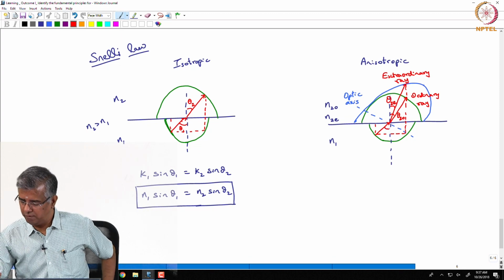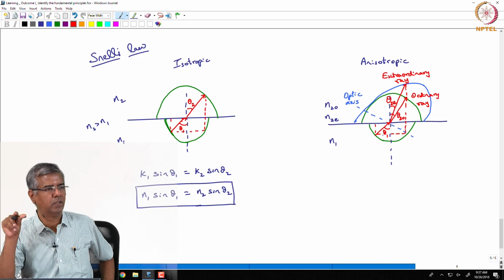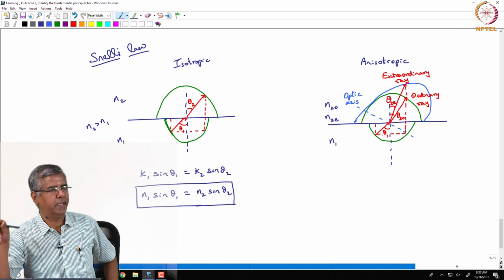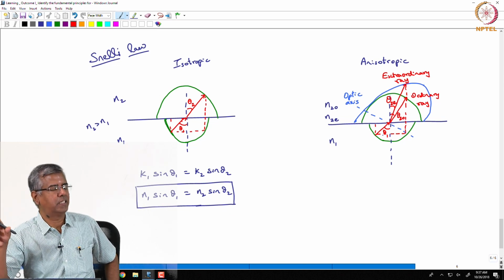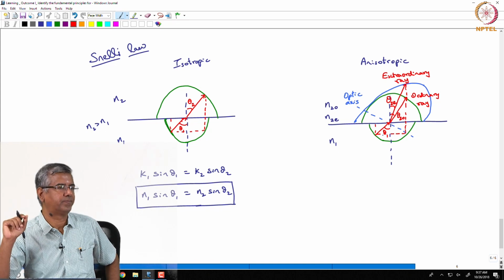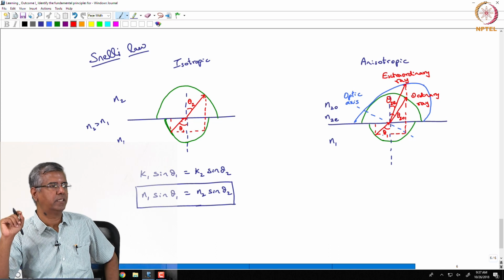So, you have one wave hitting that interface, and that actually gets split into two waves, each of them having a different direction. You understand that?